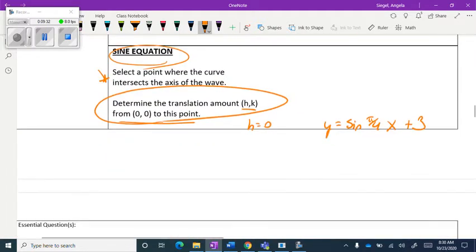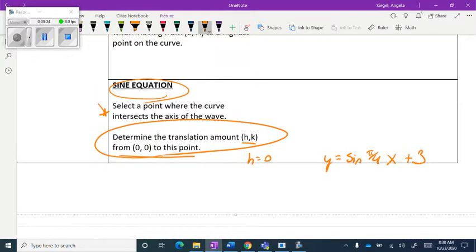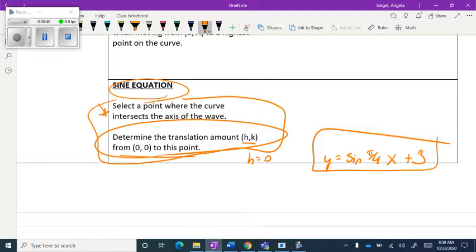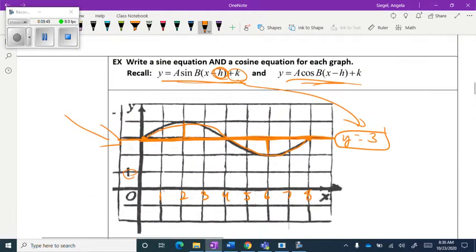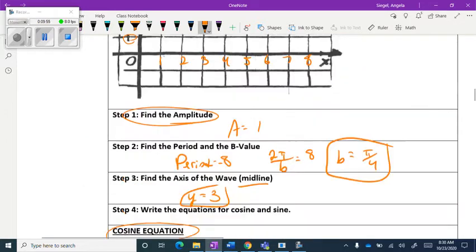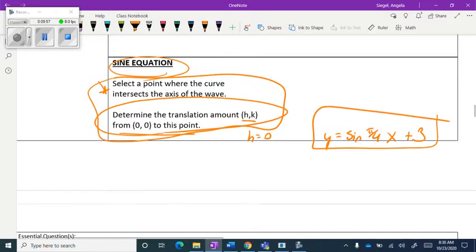So let's go down here. This is going to be the equation of my graph. Now, go ahead and reread this and go back up here. If I were forcing a shift, if I said I can't use h as 0, I could also use h at 4 because that's where it intersects that axis of the wave.